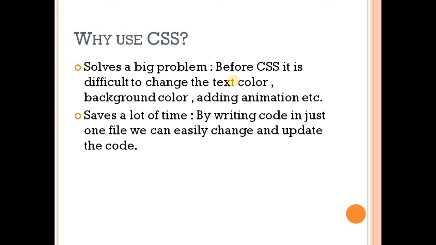But using CSS, we have a separate file, and in that separate file we can easily find and change that particular block's styles. So that saves a lot of time and solves our big problem. That's why we are using CSS.